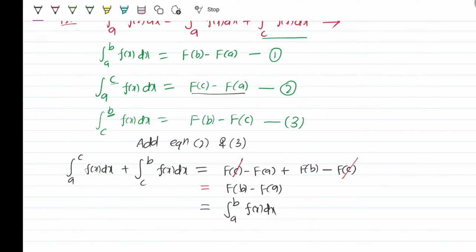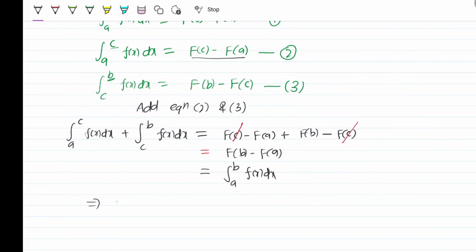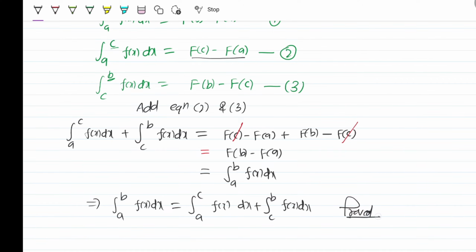So it implies that integral a to b f(x) dx equals integral a to c f(x) dx plus integral c to b f(x) dx, hence proved.